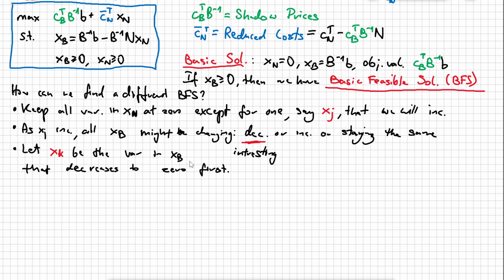Some of these variables are decreasing, and out of those, xk is the variable that decreases to 0 first. But if it decreases to 0, we could now call this variable a non-basic variable, because remember, non-basic variables are 0. And since we increased xj, which was one of the xn variables, now we have to move it to xb as a basic variable, because it's no longer 0.